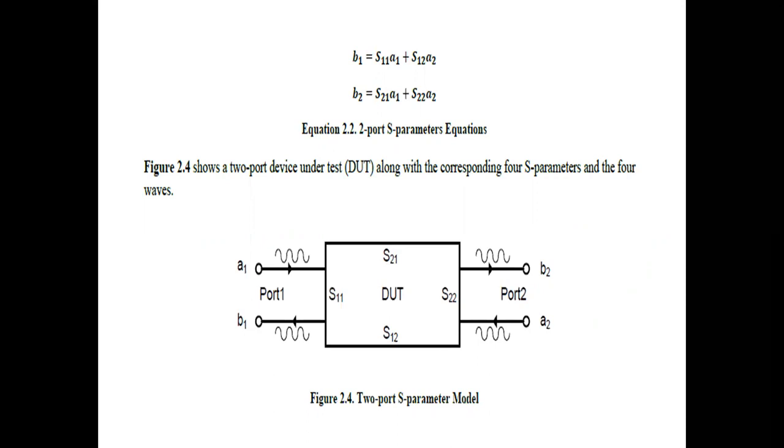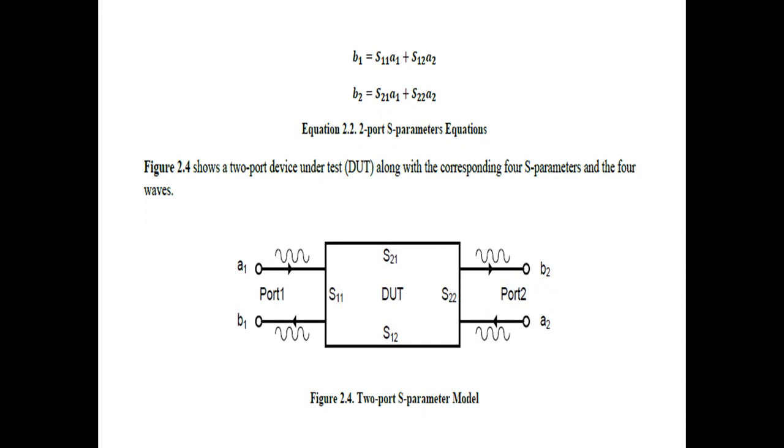For example, when the characteristic impedance is equal to 50 ohms and a 50 ohm termination is present at port 2, A2 is reduced to 0, resulting in the equations for S11 and S21. This principle can be applied in the reverse direction as well. By setting A1 to 0, we can obtain the equations for S22 and S12.